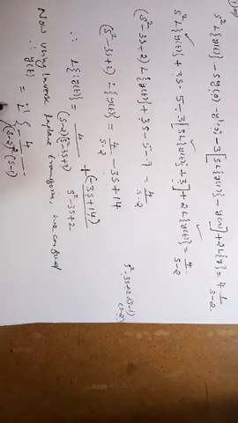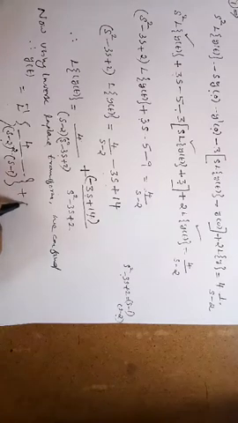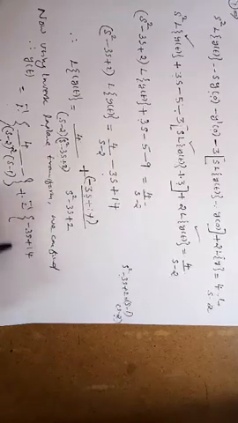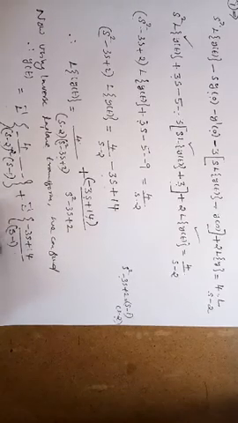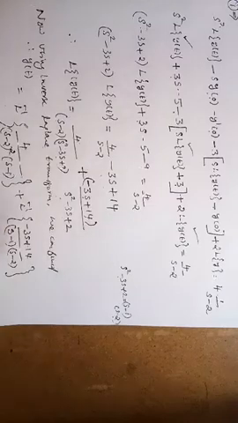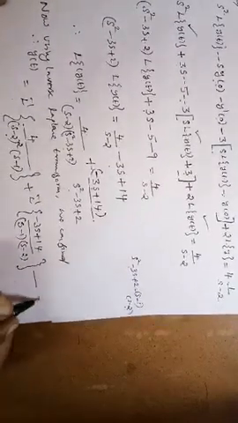So the first term we can write as 4 by s minus 2 whole square into s minus 1, plus L inverse of minus 3s plus 14 divided by s minus 1 into s minus 2. S square minus 3s plus 2 we can write as s minus 1 into s minus 2. So put it as equation 2.